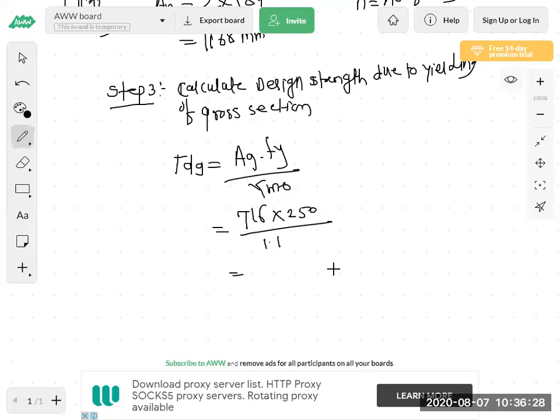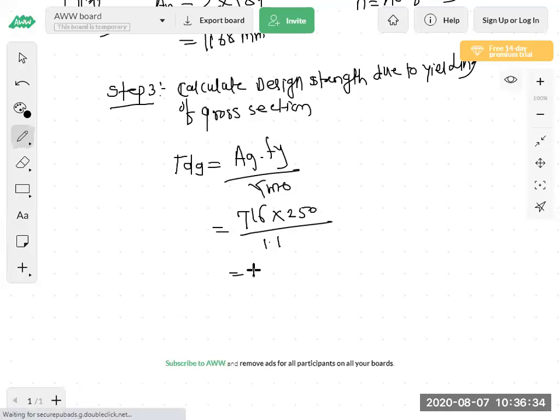How much is the design strength due to yielding of gross section? 162.72.